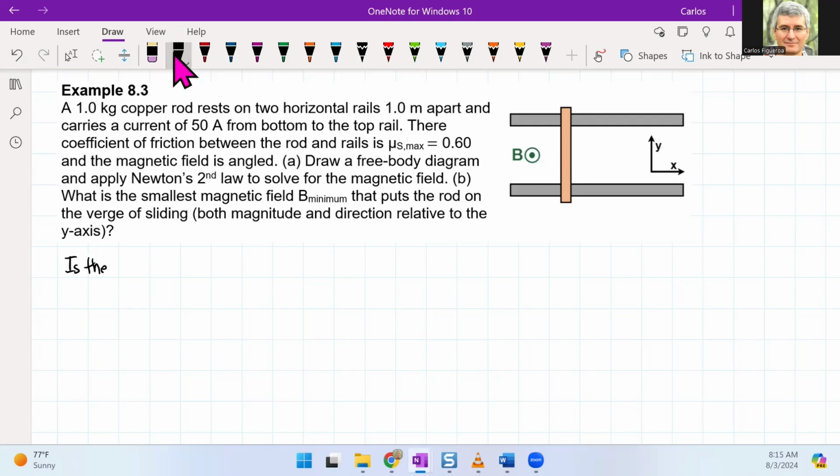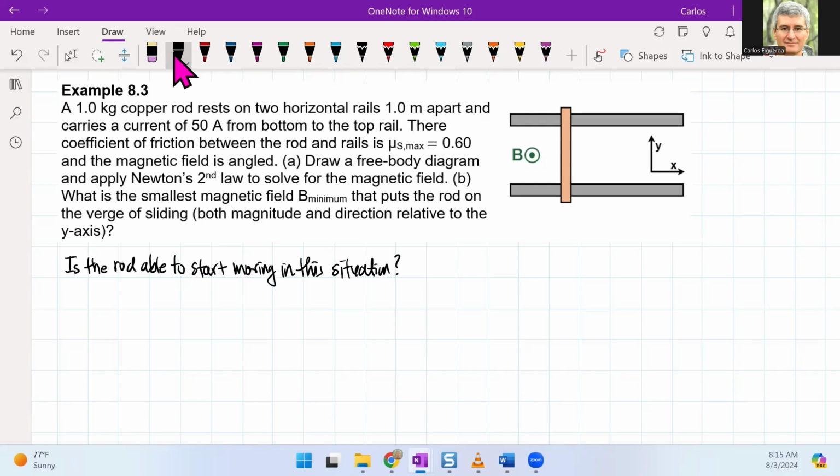Is the rod able to start moving in this situation? In other words, we've got to look at what the magnetic force is going to look like.